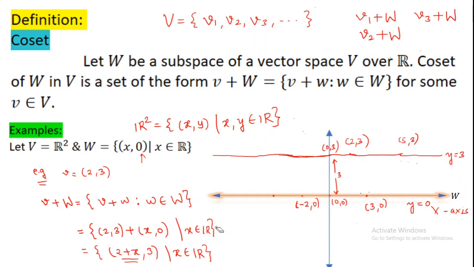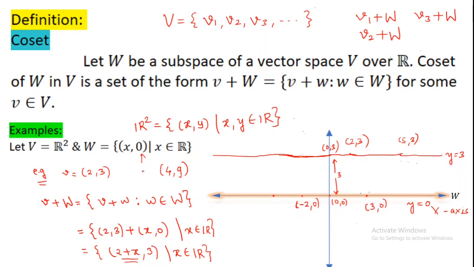So if I take some other point, suppose I take some 4 and 9, so what is going to happen? Now one thing, try to understand, the coset totally depends on the second coordinate. Over here the second coordinate is 3, therefore we got our coset to be the line y is equal to 3.